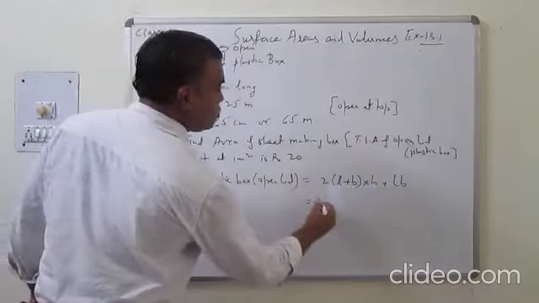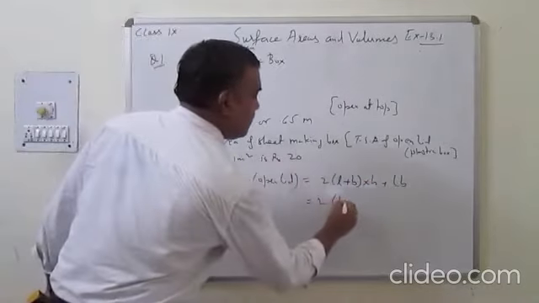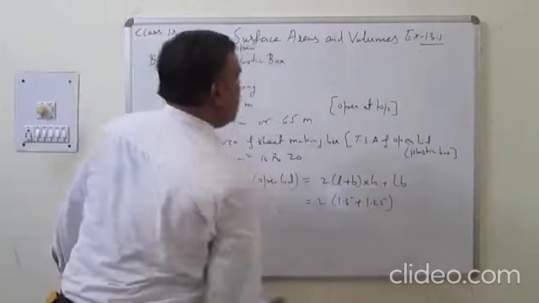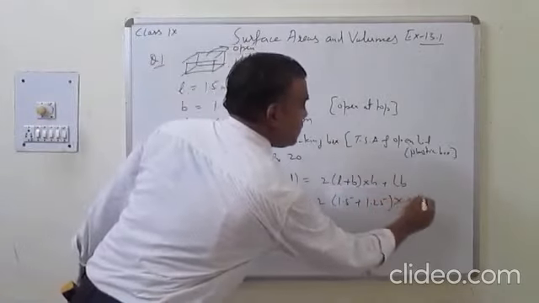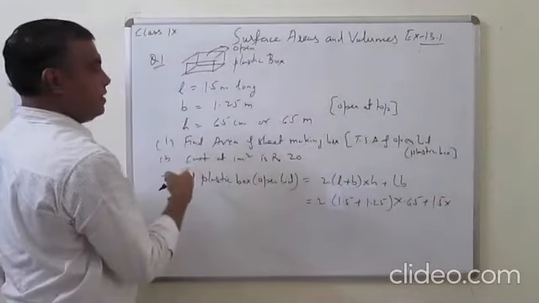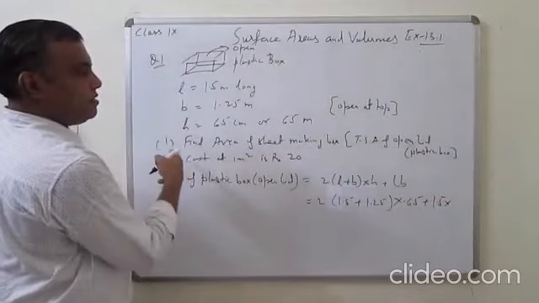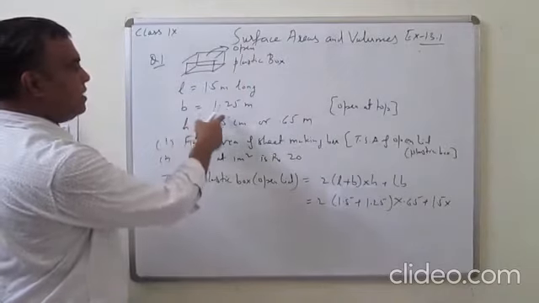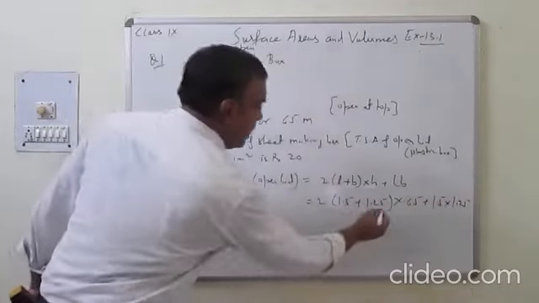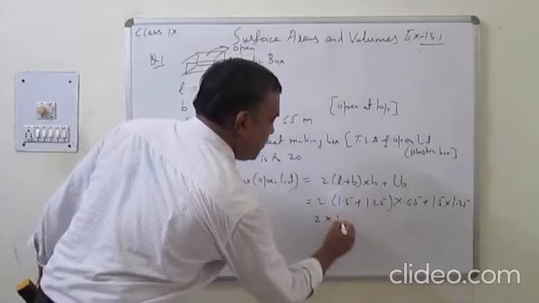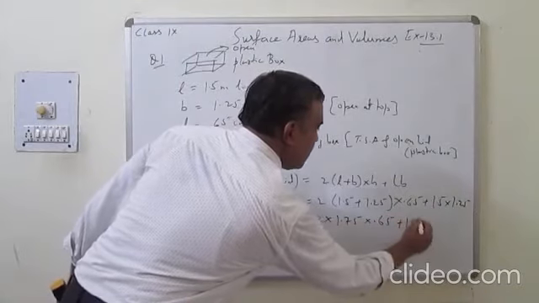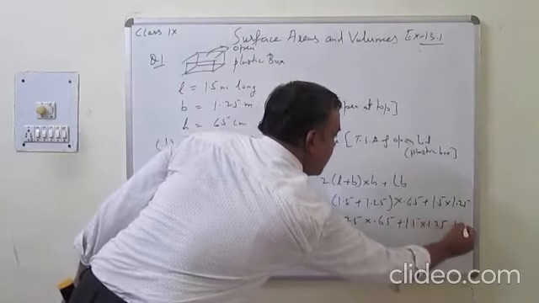Now putting the values: length 1.5, breadth 1.25, height 0.65. Adding, you will get 2 into 1.75 into 0.65 plus 1.5 into 1.25, that is square meter.